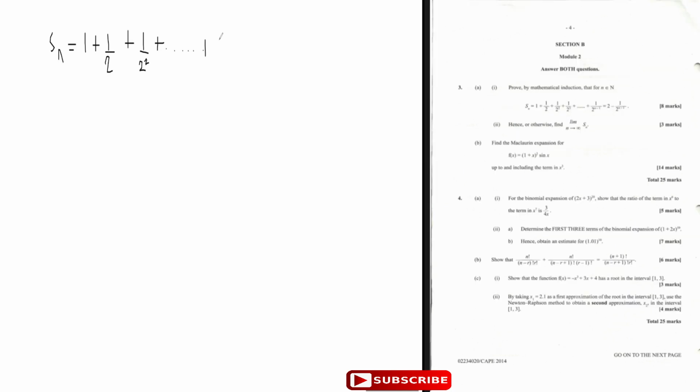Sn is equal to 1 plus a half plus 1 over 2 squared plus 1 over 2 cubed, and it continues to plus 1 over 2 to the n minus 1.